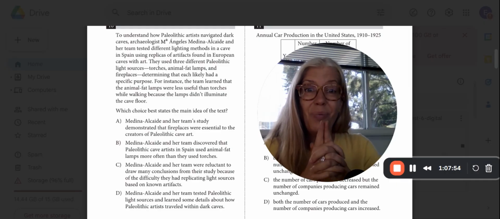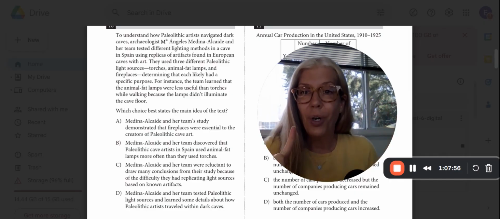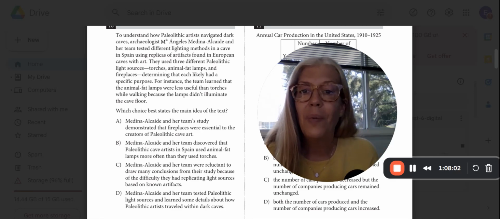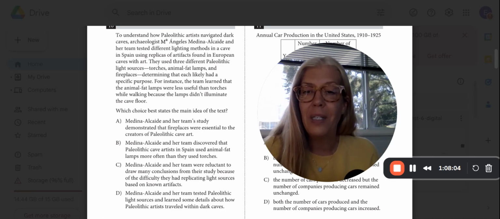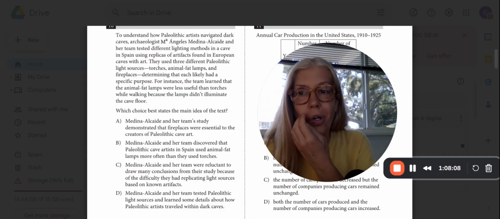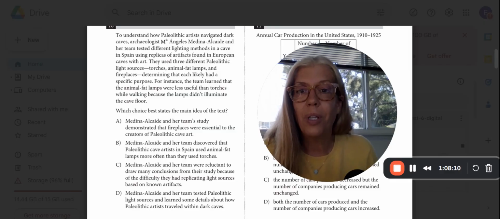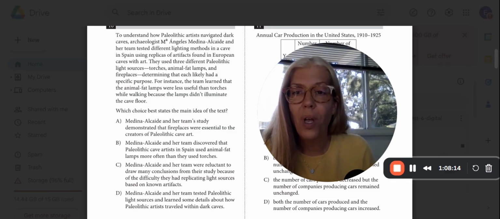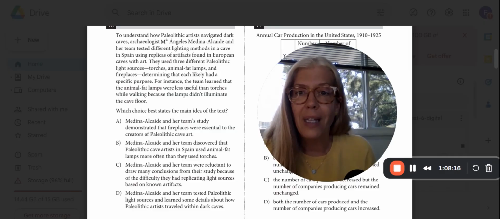Here's a simple list within an em dash: torches, animal fat lamps, and fireplaces. So comma, comma, comma. Determining that each likely had a specific purpose. For instance, the team learned that the animal fat lamps were less useful than torches while walking because the lamps didn't illuminate the cave floor.